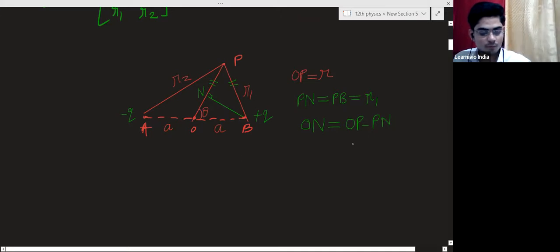Here this is OP, this is PN. What is the value of OP? I think I have made a mistake.